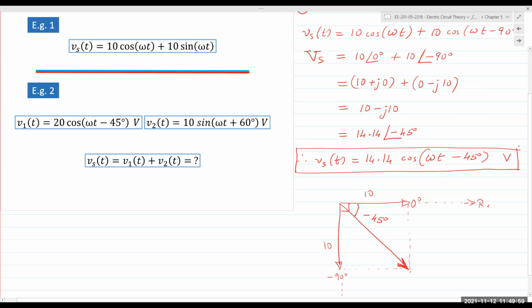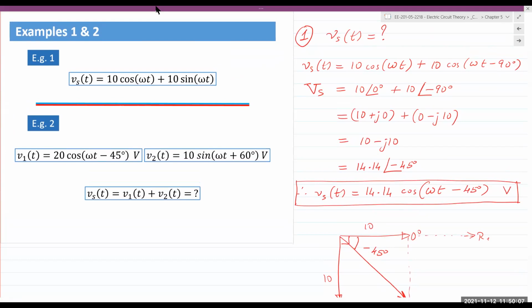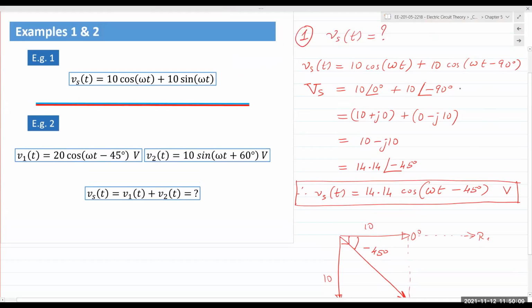Okay. Does that make sense? Now, again, as I said, if you have a programmable calculator, you can go directly from here to here.